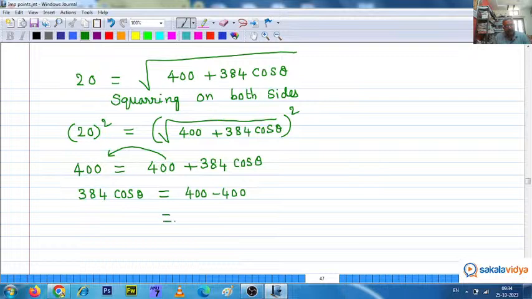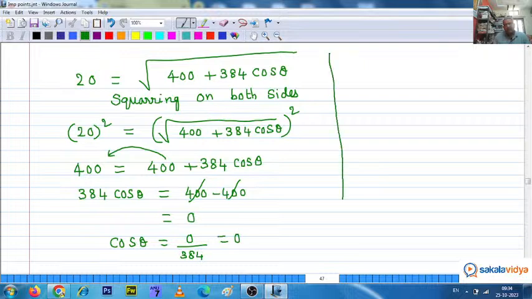So 400 minus 400 is 0, because these two get cancelled. Now cos theta is equal to 0 by 384, and 0 by something is 0. So my dear students, remember, cos theta equals 0 means theta equals cos inverse 0, and cos inverse 0 is 90 degrees.